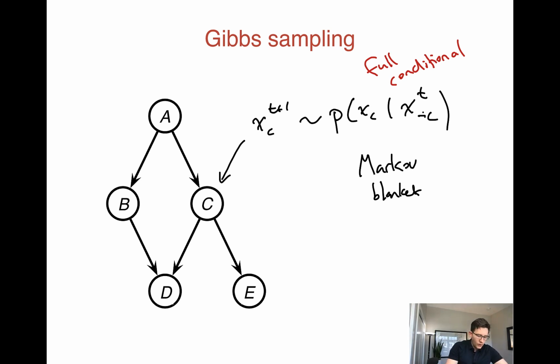By the way, if we have observed values, then in our initial sampling step, we just make sure that we assign them exactly to what we observed them to be. So for example, we could use forward sampling, and then instead of actually sampling our observed values, we just set it to the appropriate value.